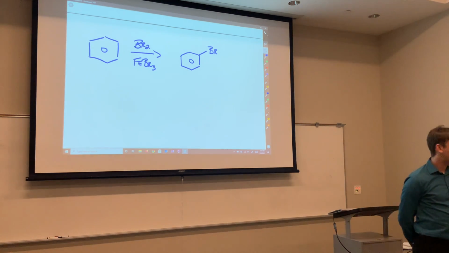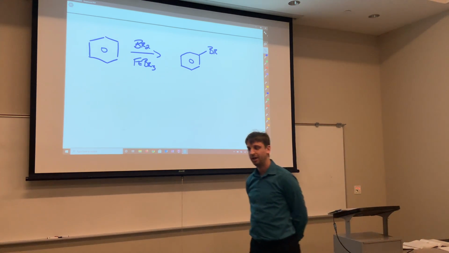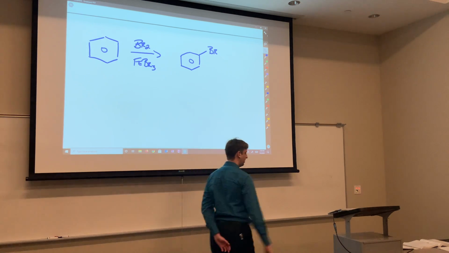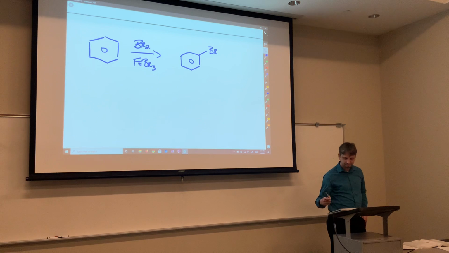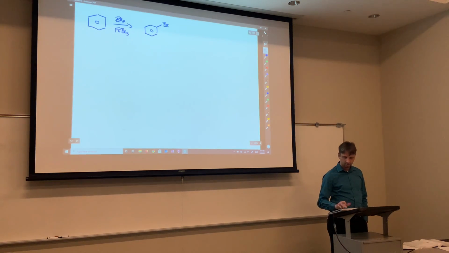Cool. So now we can add a chlorine, we can add a bromine. Iodine's a little bit different, as it tends to be. There's always something kind of funky going on with iodine. But in general, it works the same way.